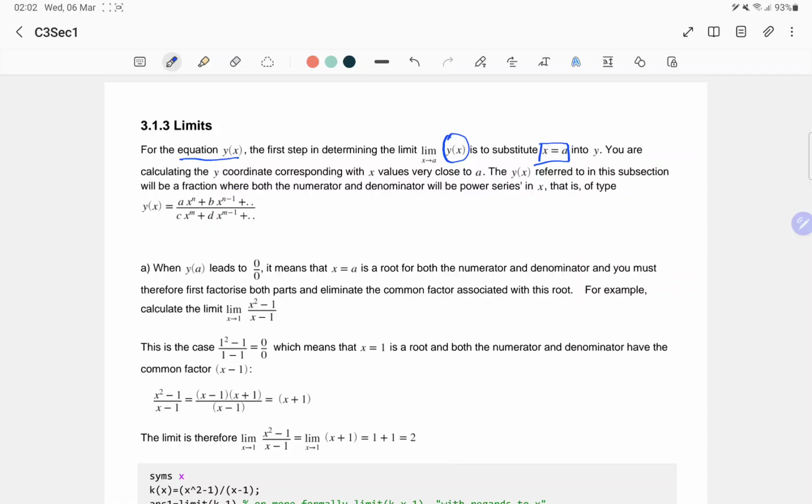You are calculating the y coordinate corresponding to x values very close to a. The y of x referred to in this subsection will be a fraction where both the numerator and denominator will be power series in x, of this type.